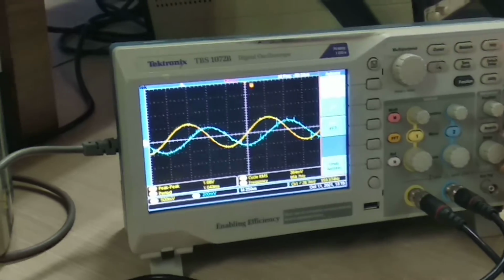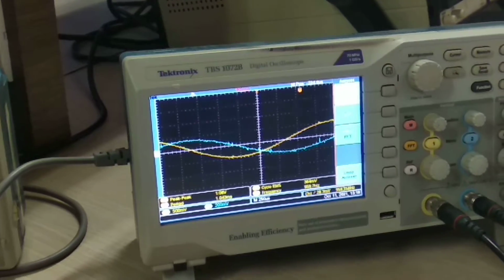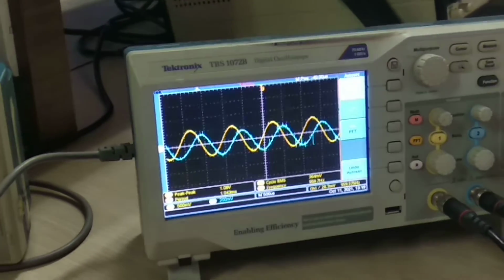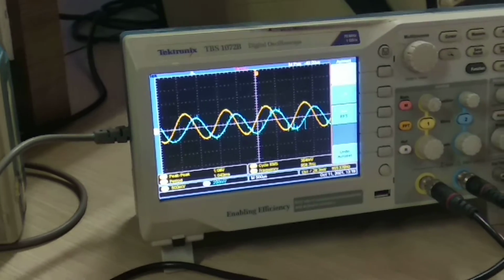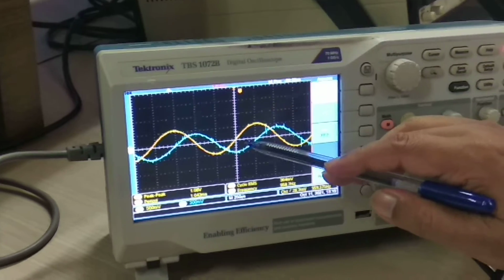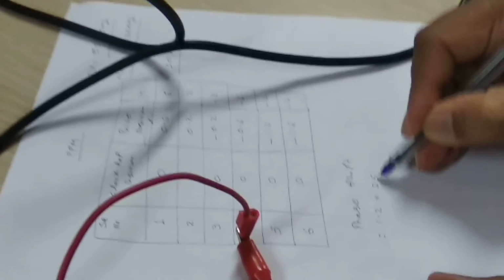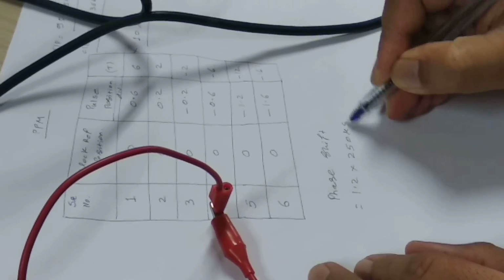You can go for the same, that is 100 microsecond or 500 microsecond, and accordingly you can check. Here it is 250 microsecond, and the difference is 1.2 multiplied by 250 microsecond.